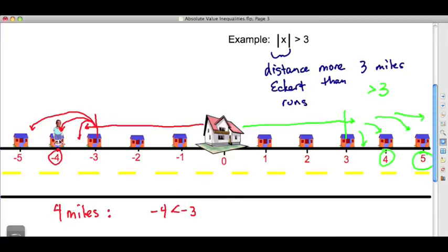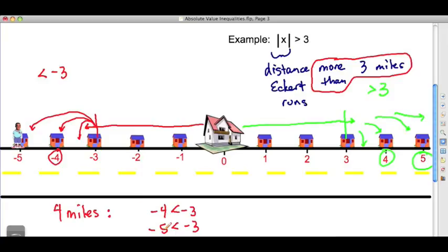And if I went 1 more mile, and if I went 5 miles, that would be perfectly fine too, because it's more than 3 miles. But look where I ended up. I ended up at -5, and that number is less than -3. So look at my two answers.